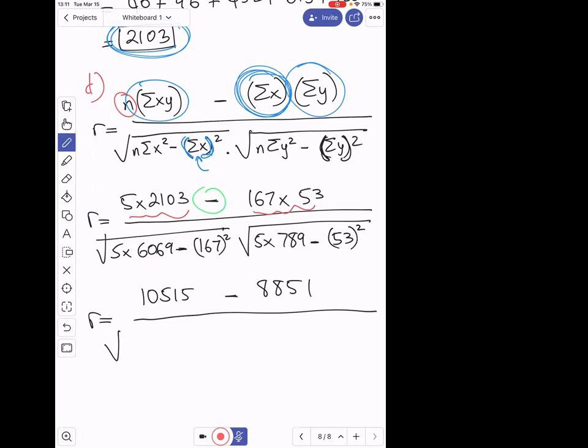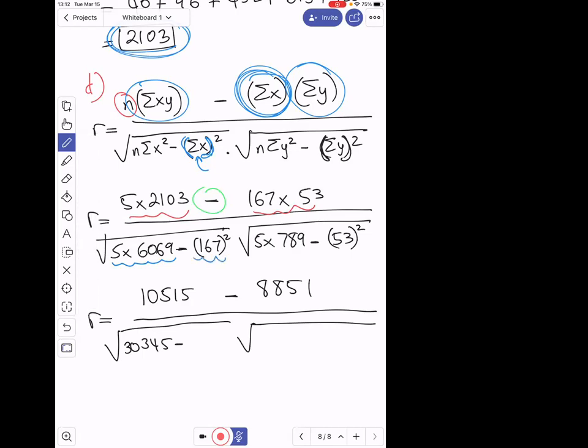Now, the square roots, again, you need to go step by step. Do the multiplication first, then the subtraction, and the last step is the square root. So multiplication first: this 5 times 6,069, which is equal to 30,345, minus, and then there is this 167 squared.